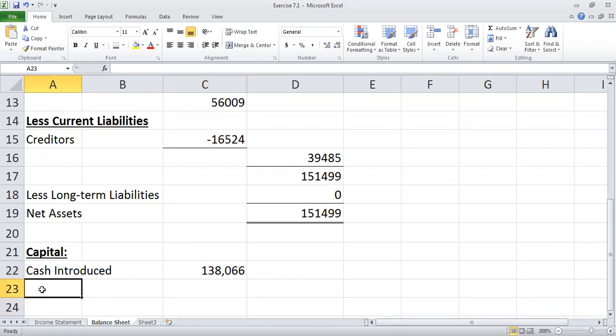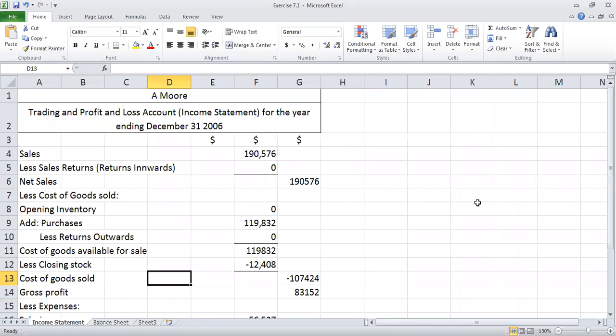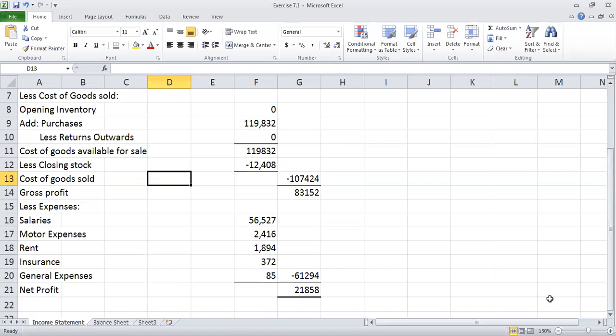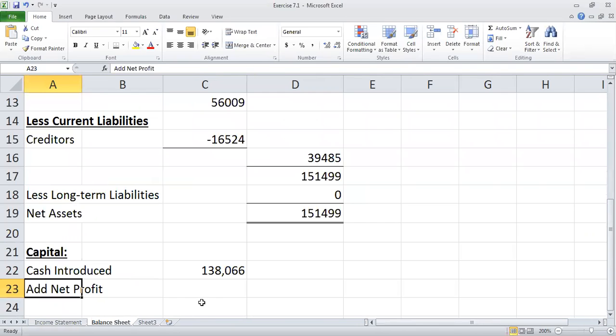Then now you add net profit, and the net profit from here is 21,858. Right?